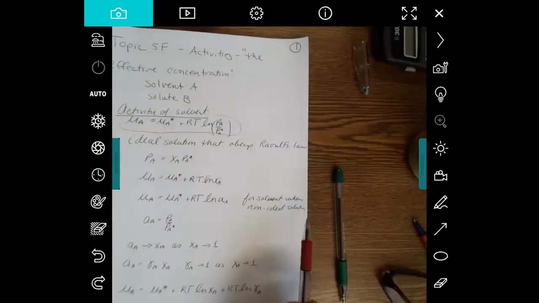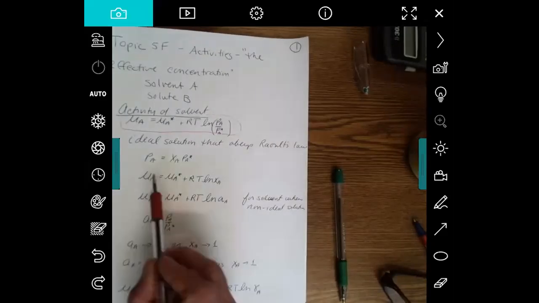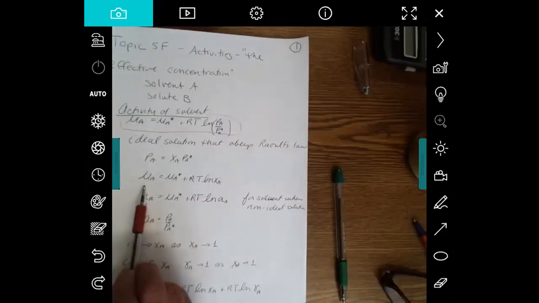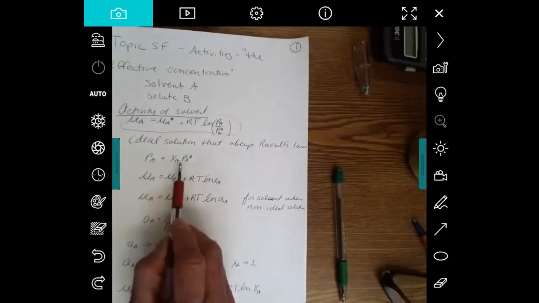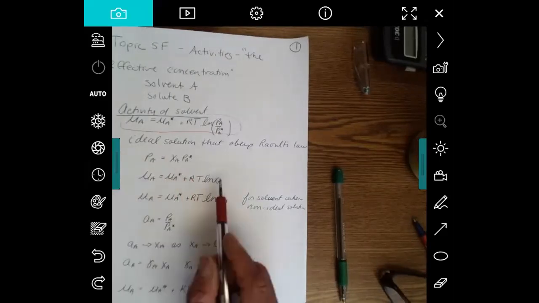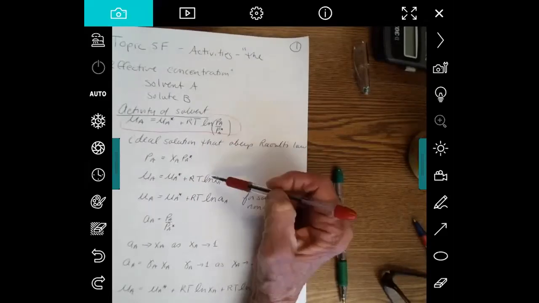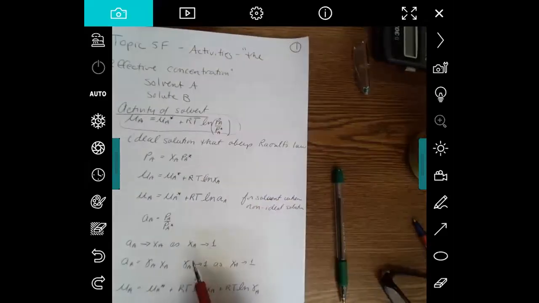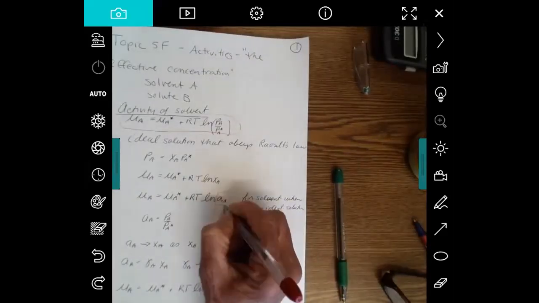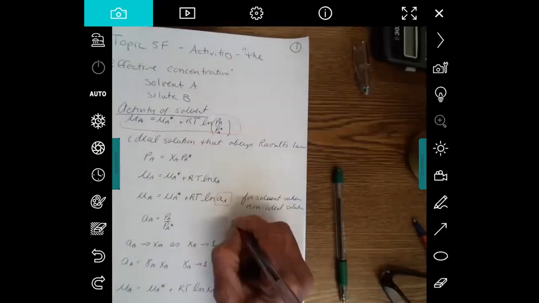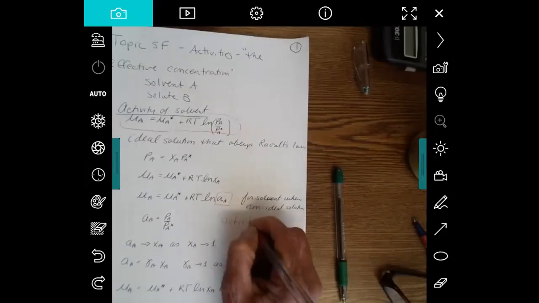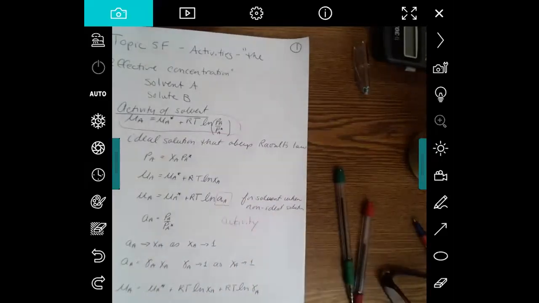So let's go through and think about how we replace the pressures with the activity. If this is from Raoult's law, then we can rearrange this, and the partial pressure of A divided by the pressure of A, if it was pure, is equal to the mole fraction. So we can replace the pressure ratio with the mole fraction. And once we do that, then we're going to replace the mole fraction with the activity, with the effective concentration.